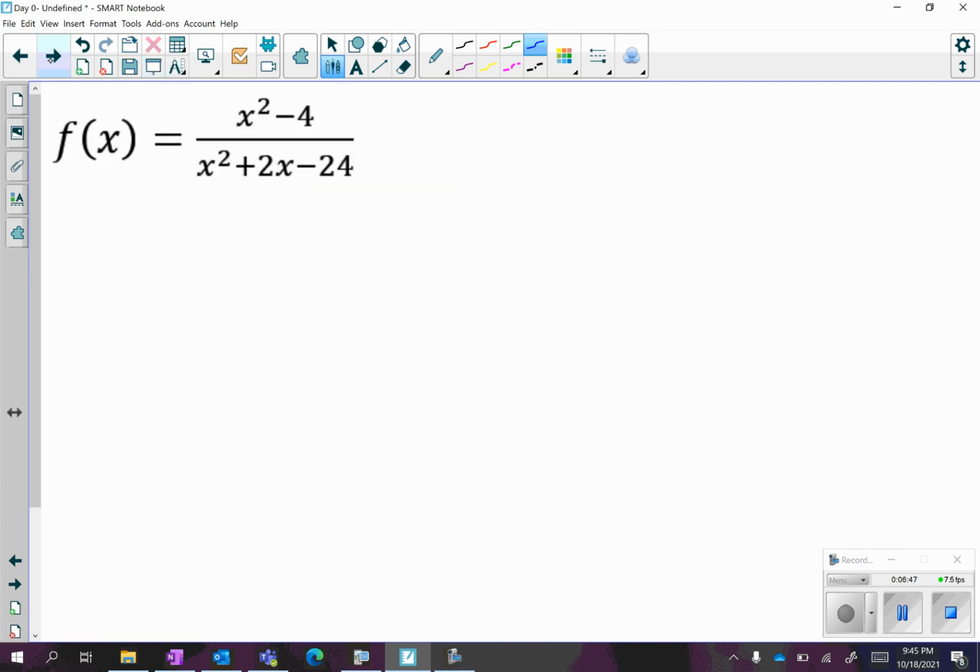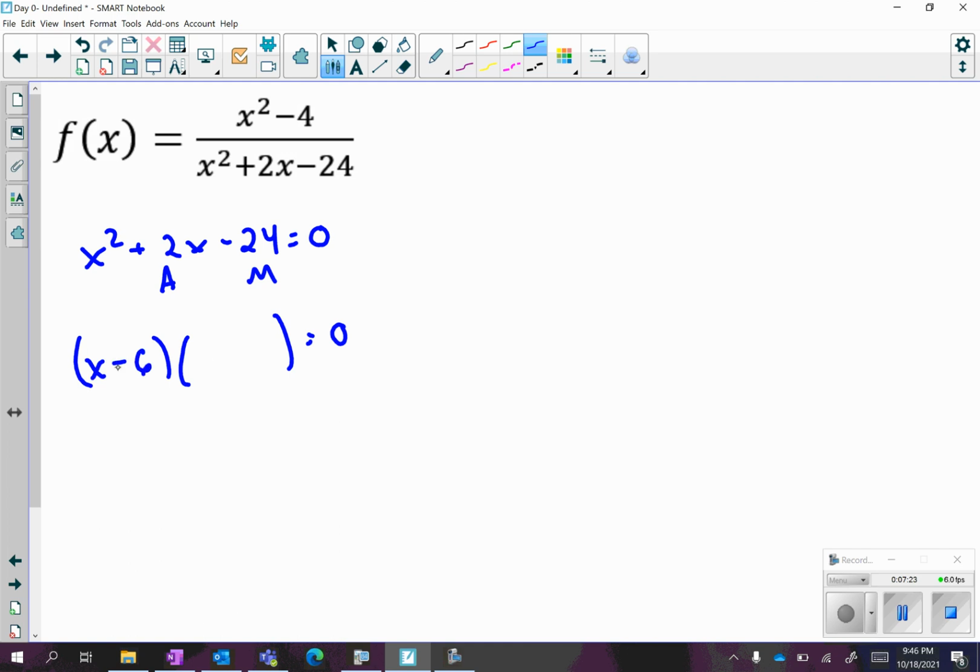Let's try the last example. I want to find my excluded values here, where it's undefined. I'm going to ignore the numerator. I'm looking at the denominator and setting it equal to 0. I'm going to use the AM method to factor this. My two numbers that multiply to -24 and add to +2, I believe, are x minus 6.